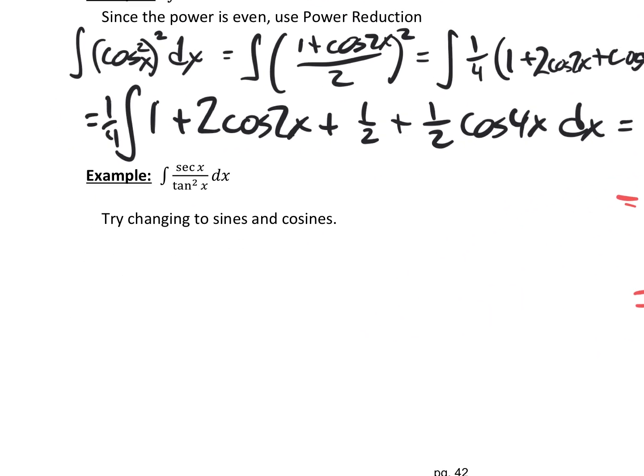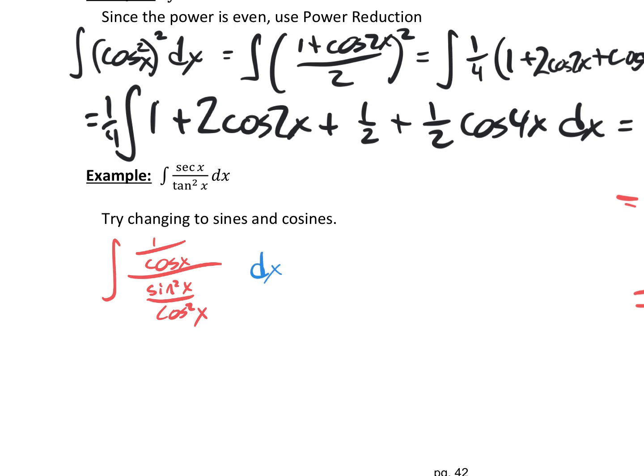Another good strategy here, we can change things to sines and cosines. Let's try that here. We got the integral of secant over tangent squared. So secant is 1 over cosine of x. Tangent is sine over cosine, so sine squared over cosine squared of x. That's dx.